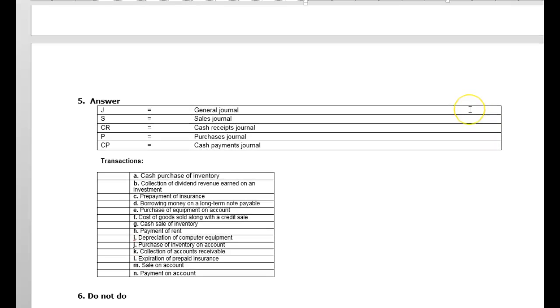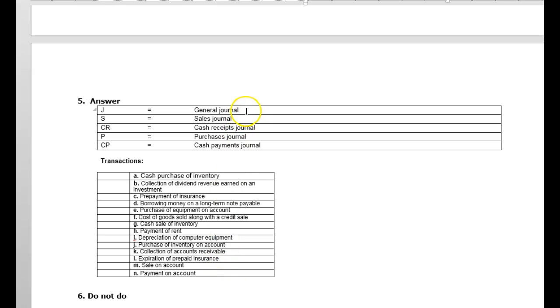Now we move to 5, and 5 can be a very confusing question. So what I'm going to ask you to do is get into that textbook and write out what you record in each one of these journals, because even though you think you have it in your mind, you will forget when you come down here and start matching.